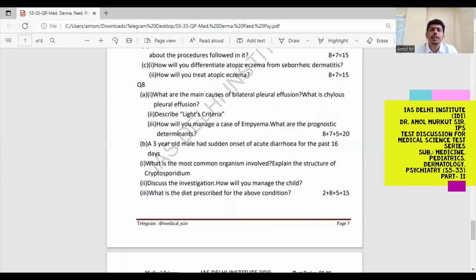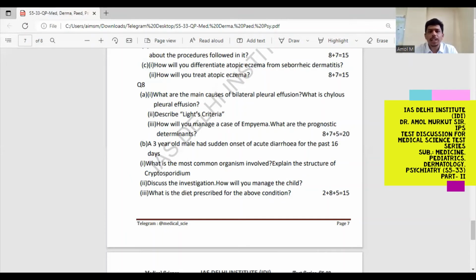Then cirrhosis of liver. These are the conditions where bilateral pleural effusion or hydrothorax occurs easily. Then other conditions are bilateral infection by Mycobacterium tuberculosis or bilateral pneumonia. These are also a few infectious conditions where there can be bilateral pleural effusion.